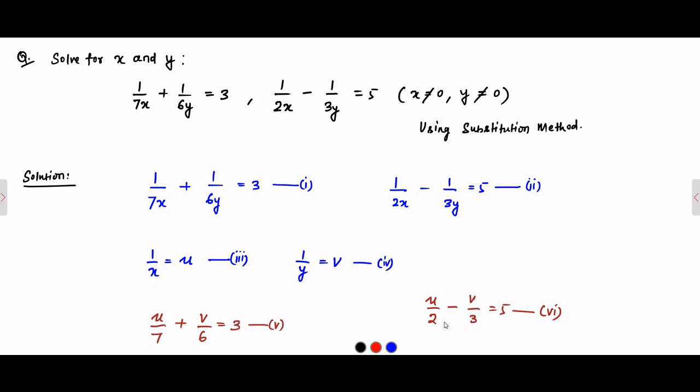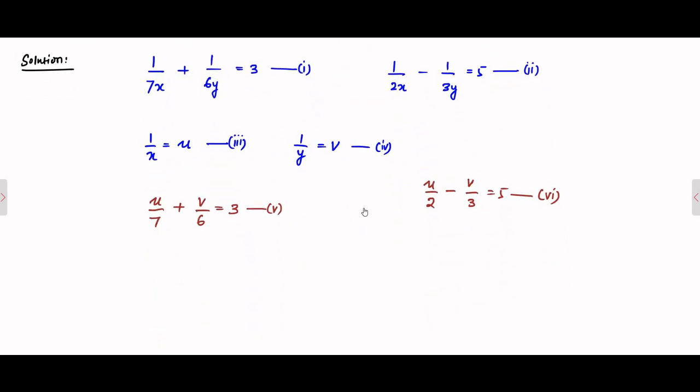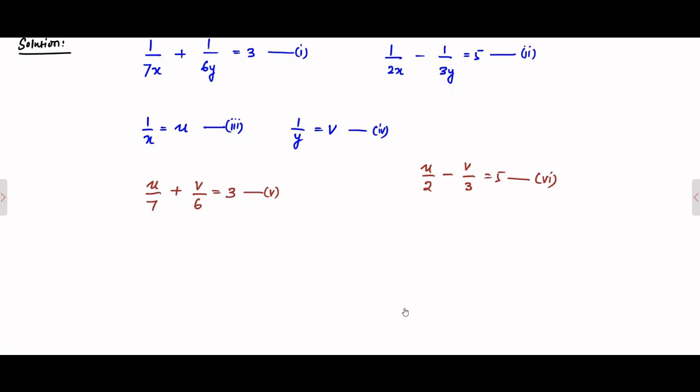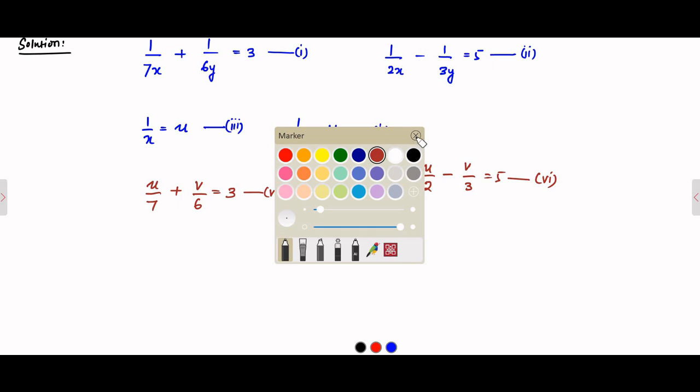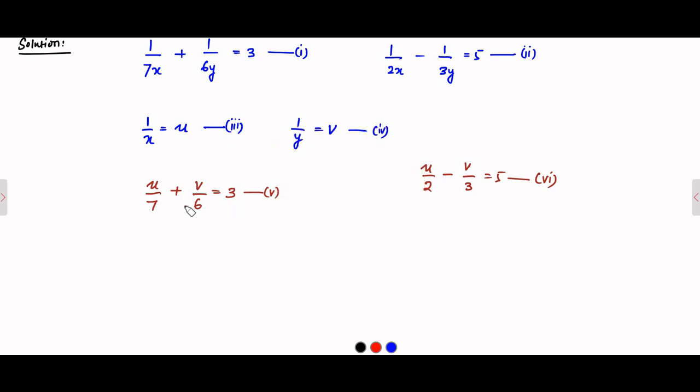Now again, these are in fractional representations, so in order to convert them into a simpler format, we will multiply both sides by the LCM of the denominators. The LCM of 7 and 6 is 42. Here the LCM of 2 and 3 is 6.